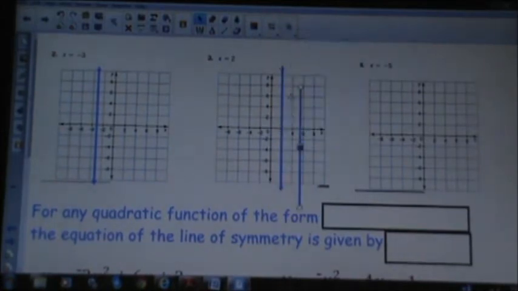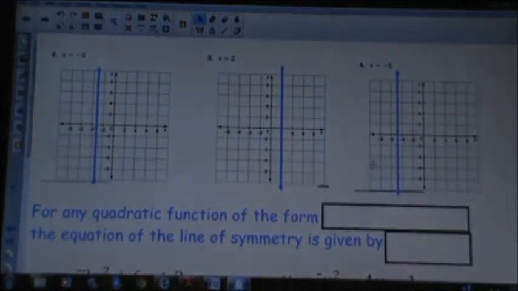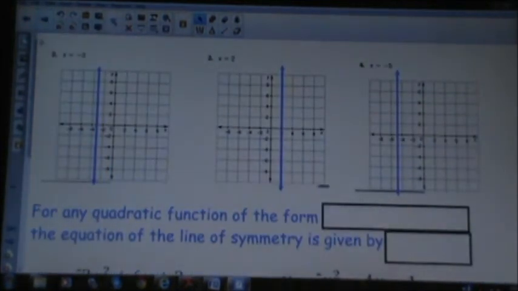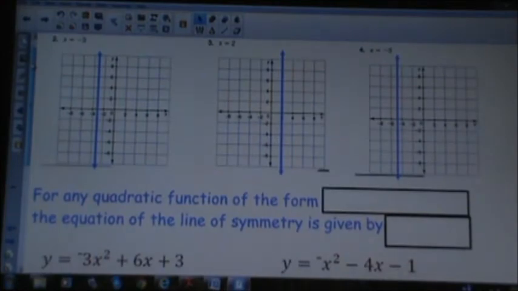And for the last one, x equals -5, that would be right here, because no matter what y is, x is always -5. And if you notice, this vertical line is the same thing as my axis of symmetry on these parabolas.